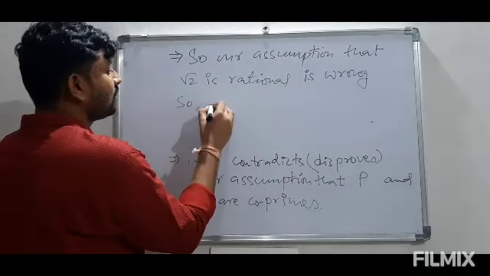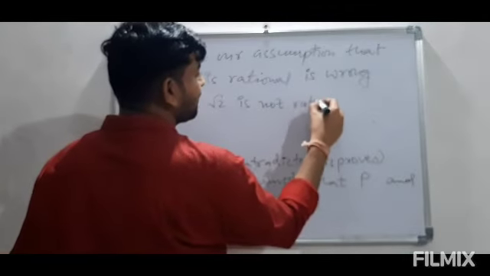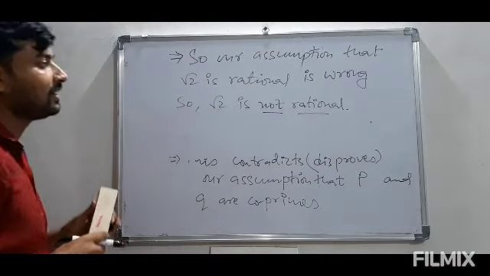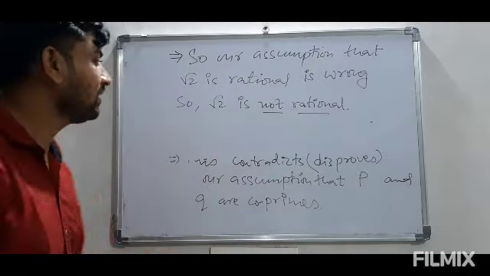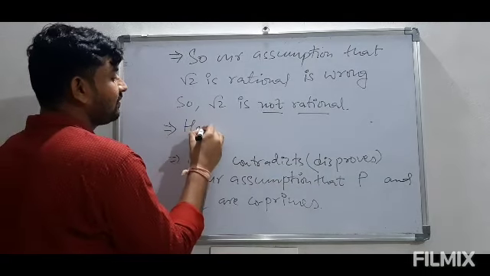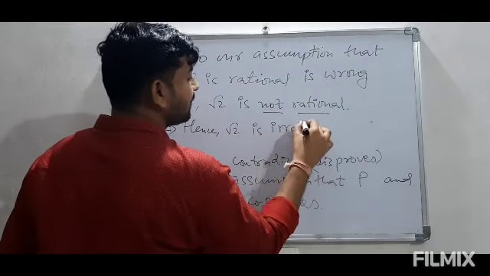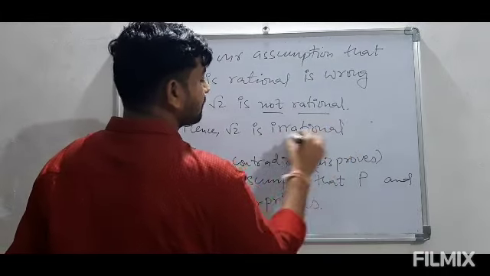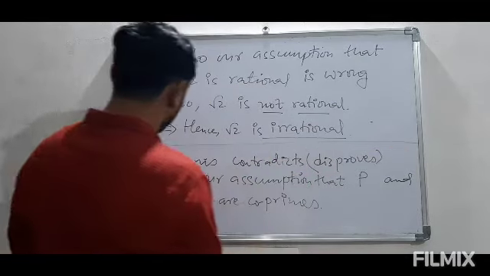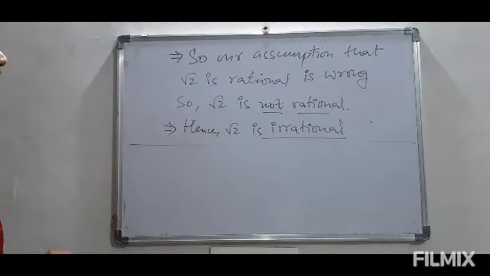So root 2 is not rational. And as we know by the definition of real numbers, any number which is not rational needs to be irrational. So hence root 2 is irrational. This is how we prove this whole question. This is the end of this question.